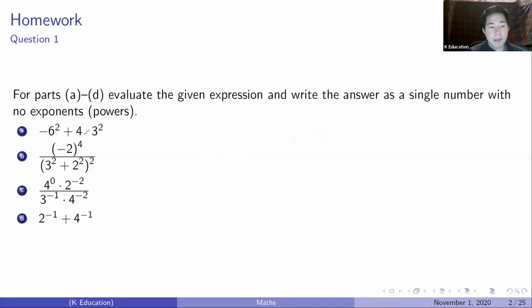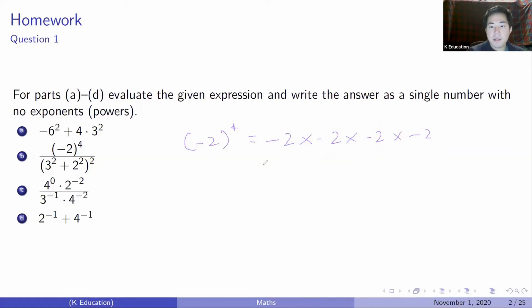Now for part B, you see immediately that the minus sign is inside the bracket, which means you have to take that into account when you're raising -2 to the power of 4. Because it's an even power, there will be an even number of minus signs, which means the minus signs will cancel out in pairs.